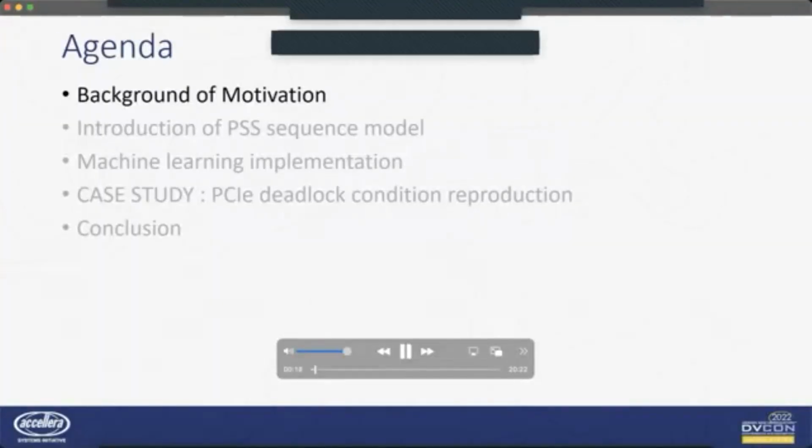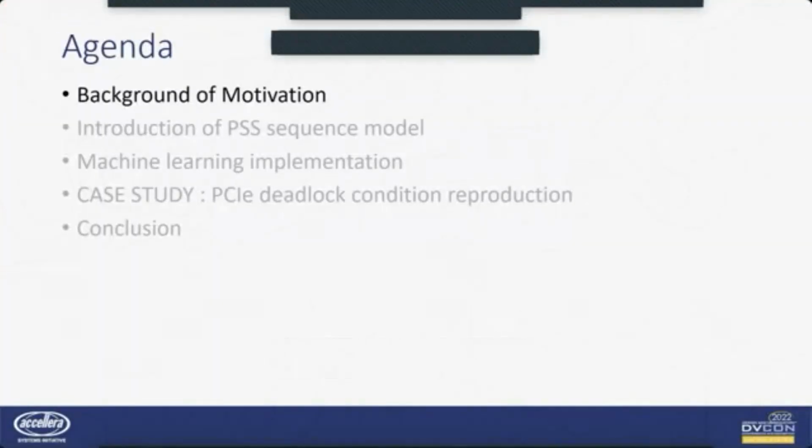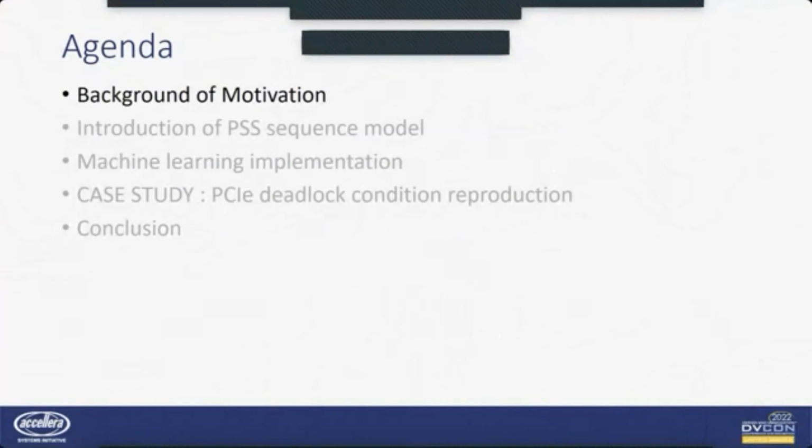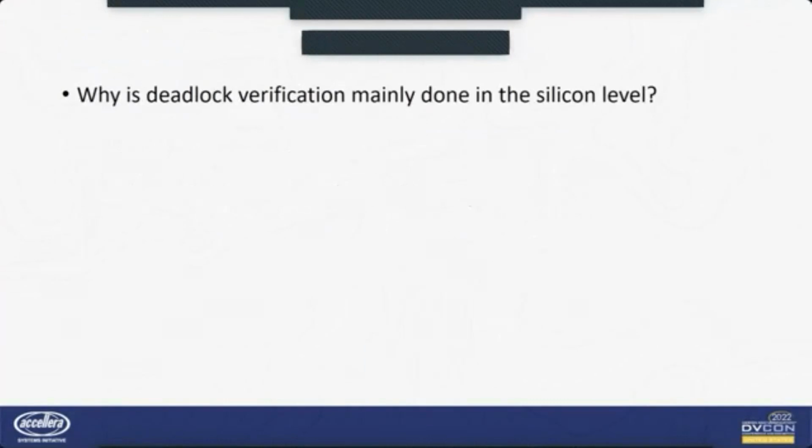In this presentation, we will explain how we implement PSS with machine learning for reproducing deadlock condition on the simulation level. Let's start with our motivation of this study. Most deadlocks caused by functional issues are found in the post-silicon environment.